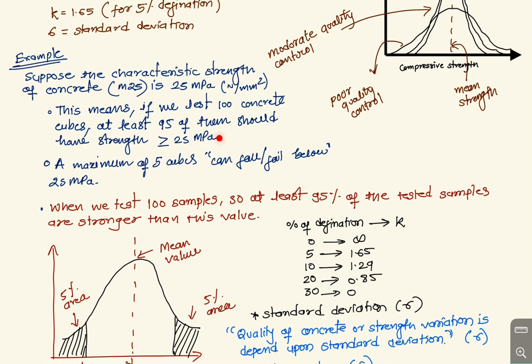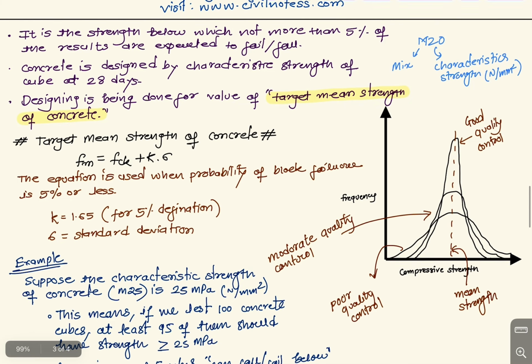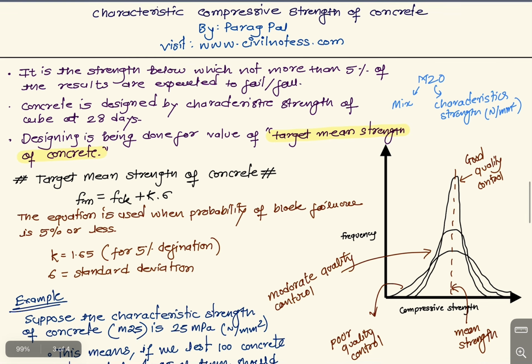That's the concept called the characteristic strength of the concrete, and this testing of the 100 cubes should be done within the 28 days.